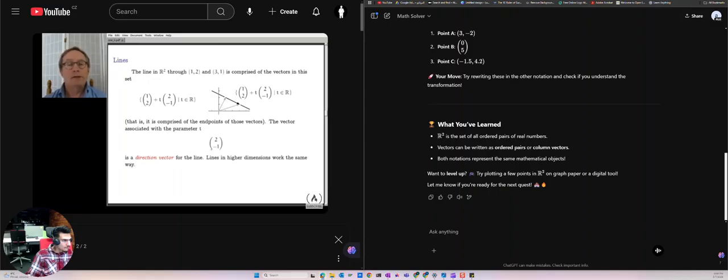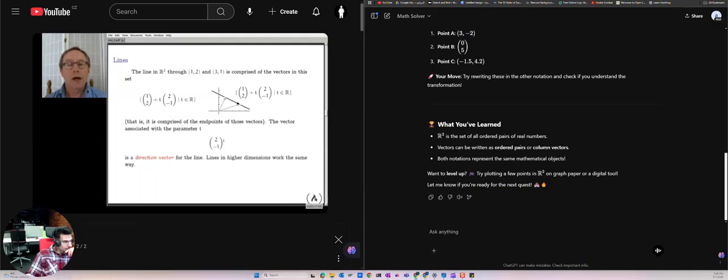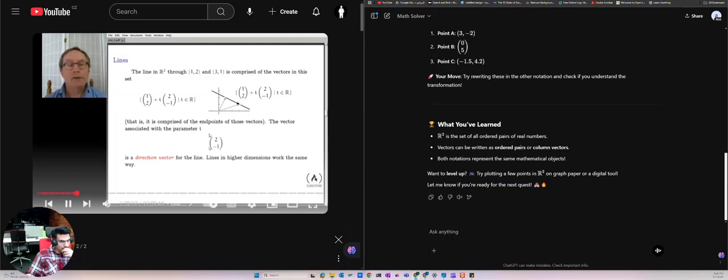We often call that the direction vector for a line, (2, minus 1), and in higher dimension you just have, instead of having 2 components, you might have 3 components, 4 components, 5 components, kind of stuff.